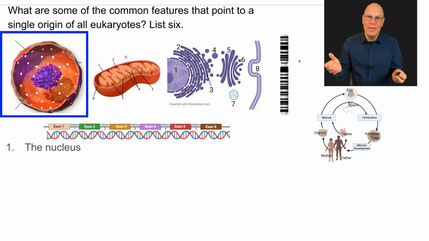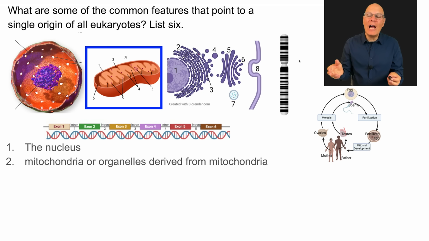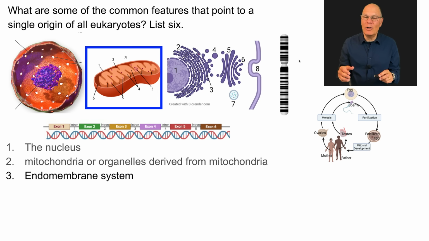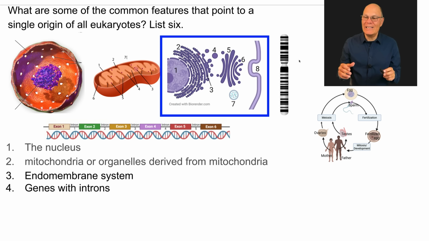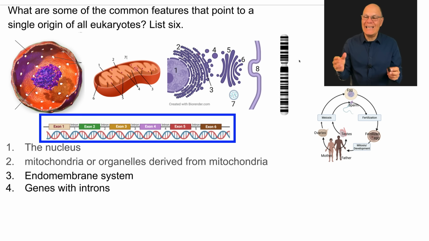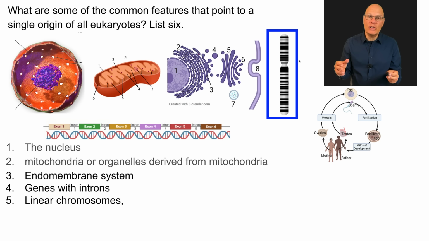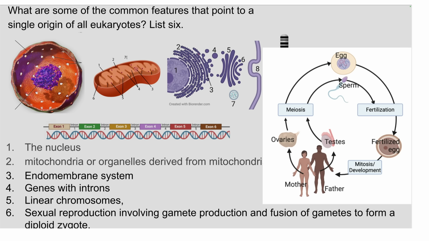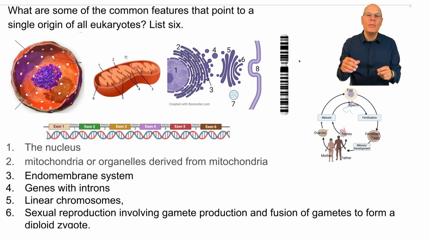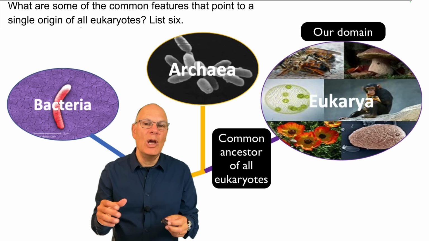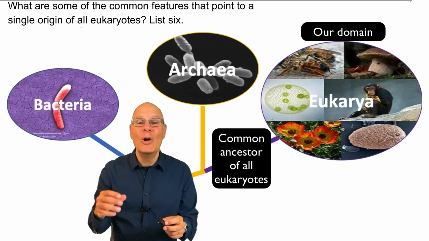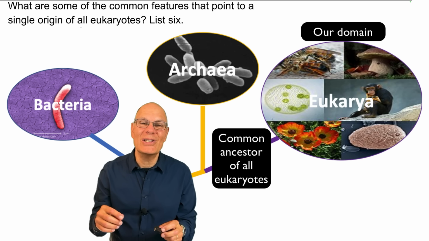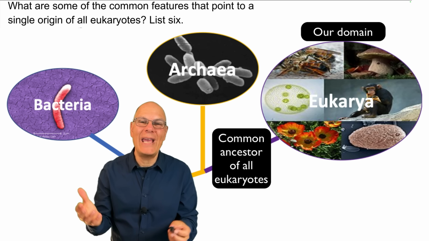These include the presence of a nucleus, mitochondria or organelles that are derived from mitochondria, the endomembrane system, genes that possess introns, linear chromosomes as opposed to the circular chromosomes of prokaryotes, and sexual reproduction involving gamete production and fusion of gametes to form a diploid zygote. These are features shared by all eukaryotes. They indicate common ancestry. We're cousins to all life, but we're closer cousins to those in our domain, Eukarya.